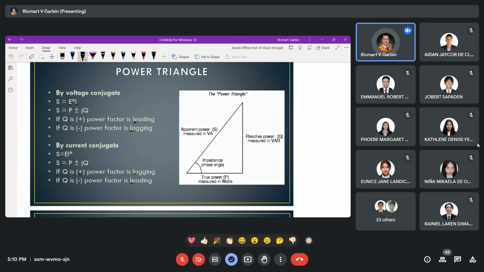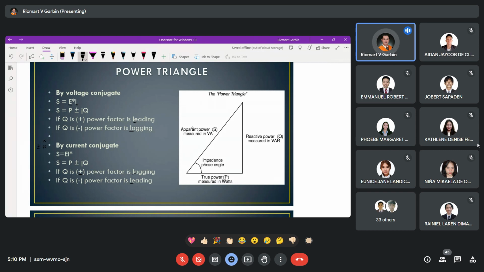Ang malimit kong ginagamit ay current conjugate kasi ito din yung katulad nung ating naging notation last time sa impedance: kapag positive yung X natin, lagging yon. Tapos kapag ang X natin ay negative, leading yon.